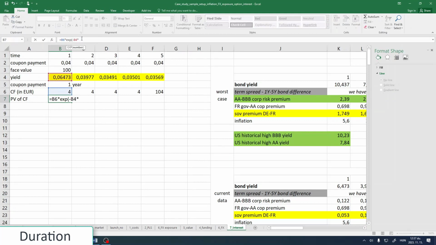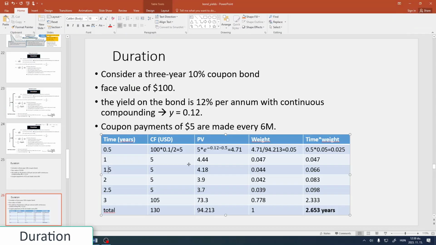Yeah, because otherwise it would be strange. It would increase instead of decreasing. So okay, now we have the present value for the cash flow.